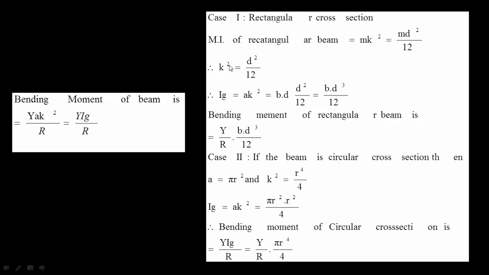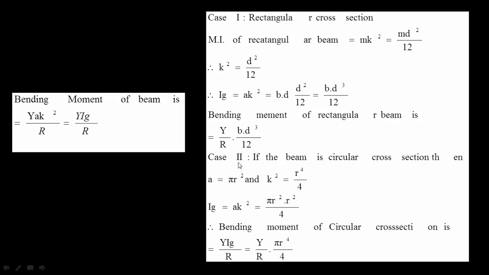From this relation we see that k square is equal to d square by 12. Therefore, the geometrical moment of inertia of the beam, which is given by A k square, is equal to the area of cross section of the beam having breadth b and depth d, times d square by 12, which is equal to b d cube by 12. And therefore the bending moment of a rectangular beam is nothing but y by r times b d cube upon 12. So this is the bending moment in case of the beam having a rectangular shape.